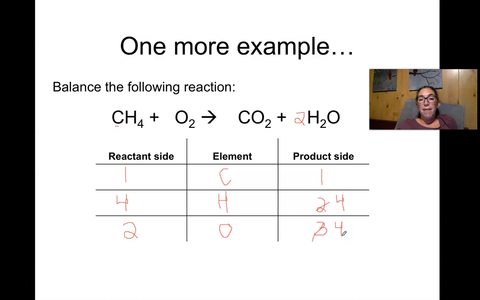So now we need to balance oxygen. When we come over here, oxygen is by itself, so we throw a 2 in front. 2 times 2 is 4. And now we have 1 carbon, 4 hydrogens, and 4 oxygens on both sides of the equation. It is now balanced. Hooray!